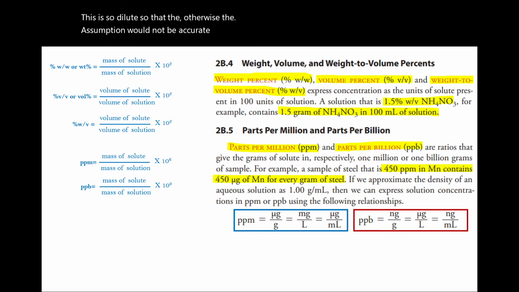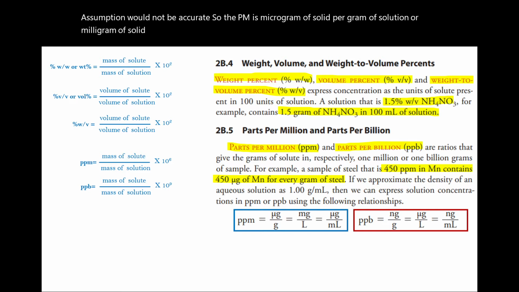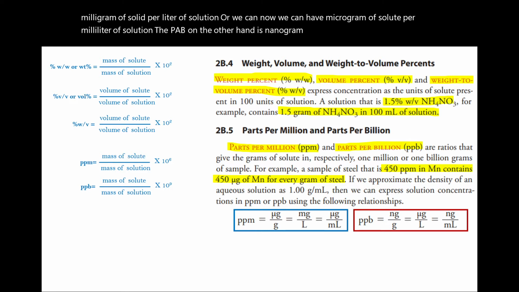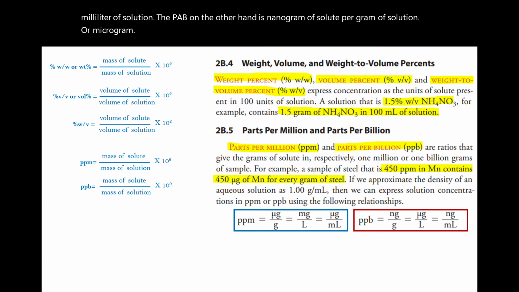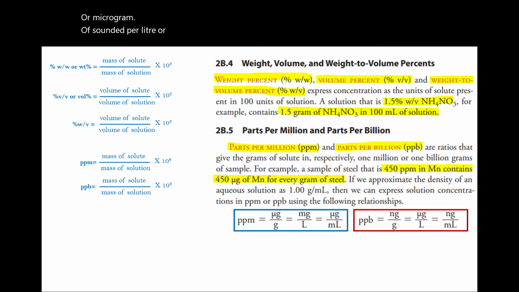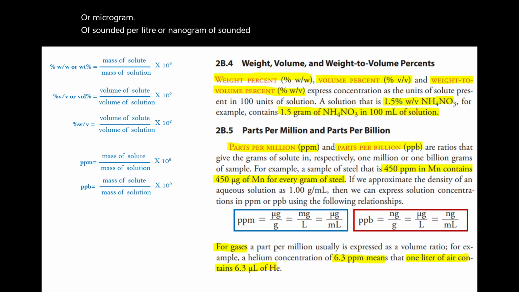So the ppm is microgram of solid per gram of solution, or milligram of solid per liter of solution, or we can have microgram of solid per milliliter of solution. The ppb, on the other hand, is nanogram of solid per gram of solution, or microgram of solid per liter, or nanogram of solid per milliliter of solution.